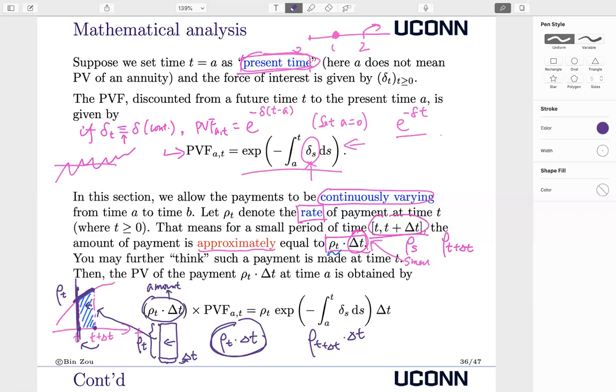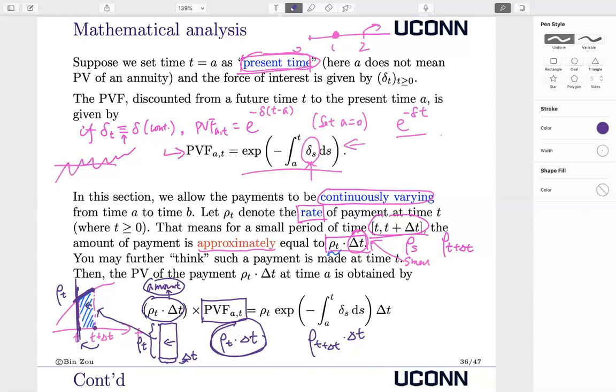For this payment amount, we want it to be converted at the starting time. In this case, the starting time is t. So I will need to apply this PV factor to convert this amount from t to a. I should mention that this amount is not exactly paid at time t because it's continuously payable.